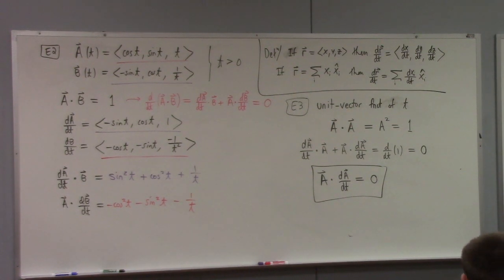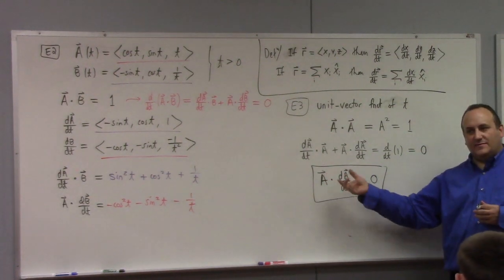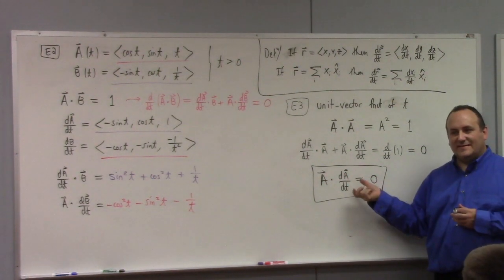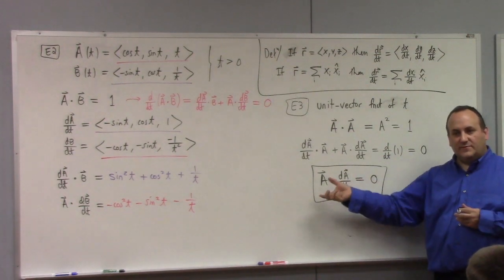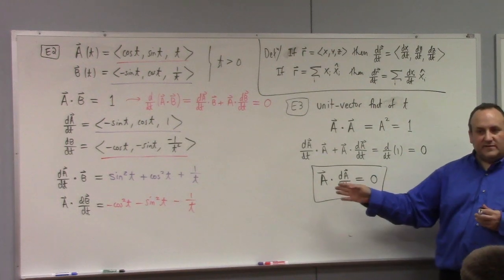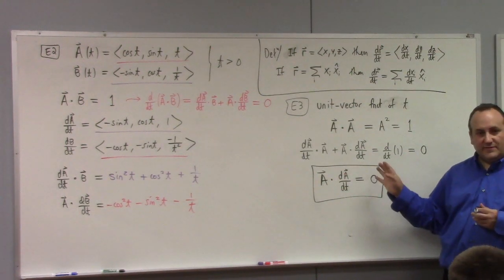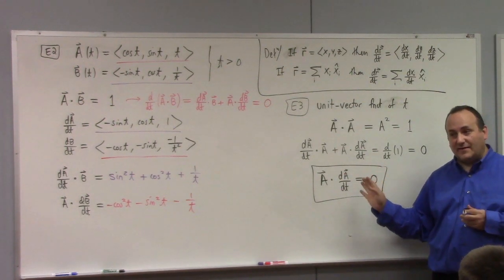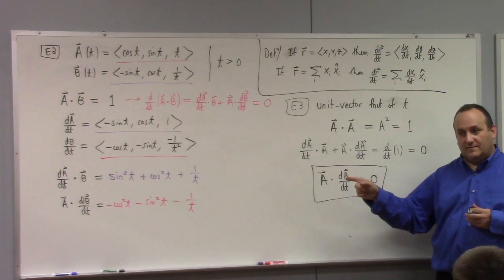Now, does that make sense? What would a dot something tell you? A dot something would tell you the part of that thing that's in the a direction. If this was non-zero, that would say there's a component of the derivative of a in the direction of a, which is non-zero. That would say there's an increase in the a vector in the direction of a.